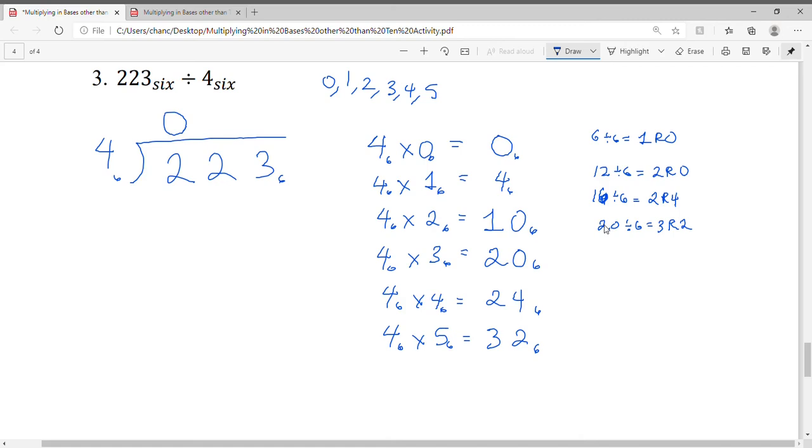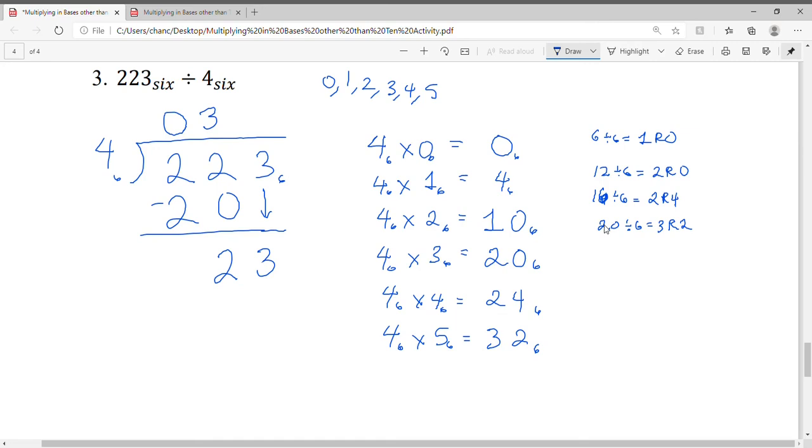So we'll put a 3 here. Then we'll multiply 3 times 4. 3 times 4 in base 6 is 20. Subtract. I get 2, and then this is a 0. Bring down the 3. So now we get 23 in base 6.